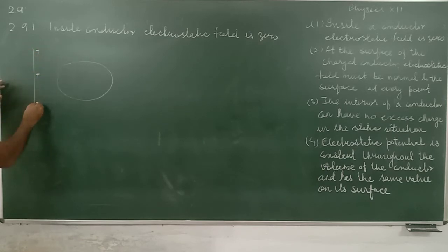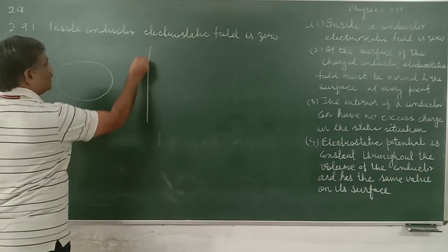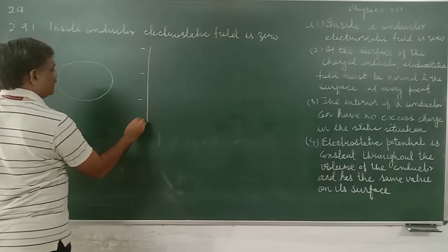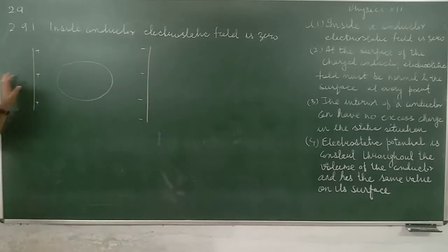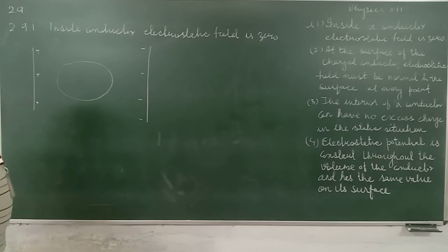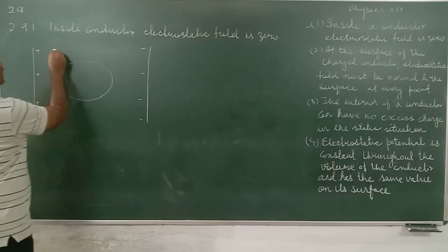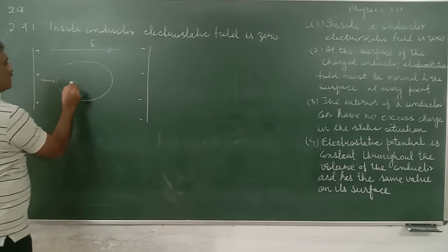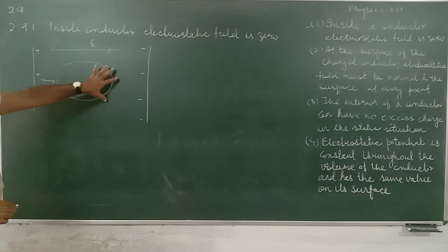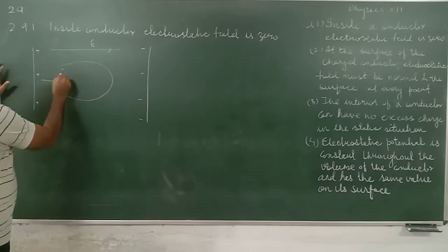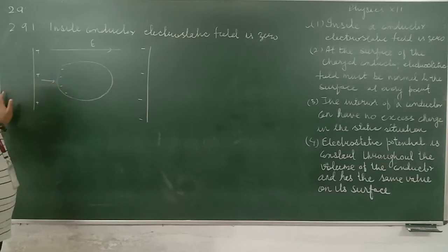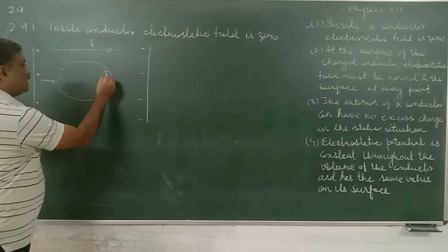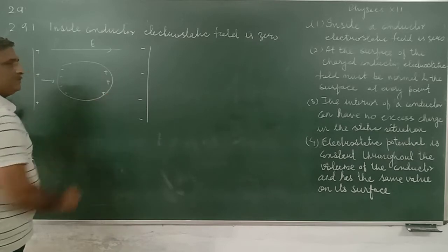On this side it is a positive plate, on this side it is a negative plate. As soon as this field is applied, this field is E. But what happens inside the conductor? All negative charges will come to this side. All positive charges will come to this side.